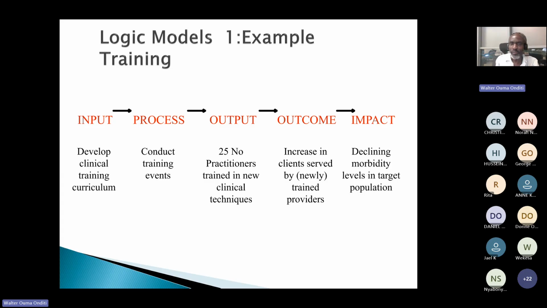Remember, as a result of just learning in school, you might also get economic value. The people that have been trained would become productive members of society, but that might not be an immediate thing that you are targeting. You are targeting learners with improved skills, but as a result of improved skills, they will get better employment or contribute to national development. So you get the spillover effect coming in here.